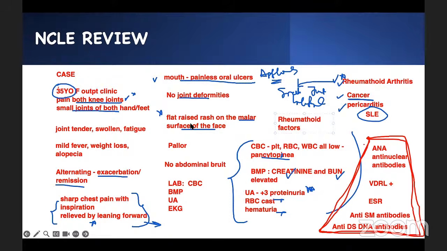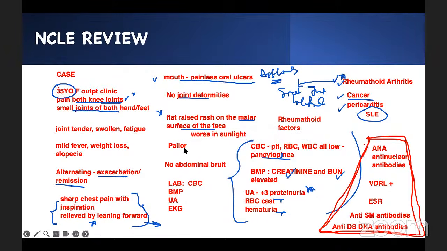There's a rash on the face, on the malar surface, and it's flat and raised, right? The rash gets worse in sunlight, so photosensitivity. This is just additional information to help you make a diagnosis, right?